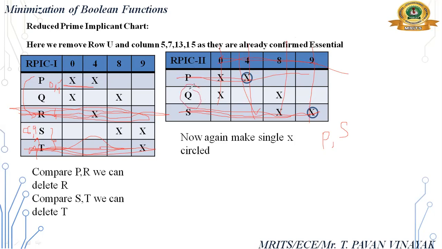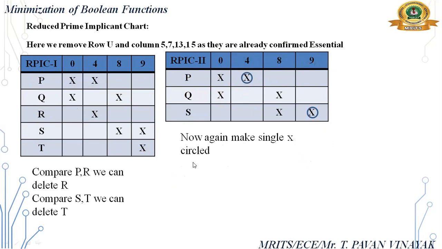So Q is not essential. So there is no further reduction. If you perform further reduction of this chart, there are no minterms. Horizontally we have Q, but vertically there are no minterms. Without a minterm, how can you say this is essential or not? So clearly Q is not essential.